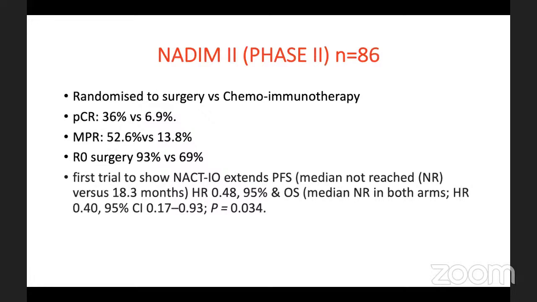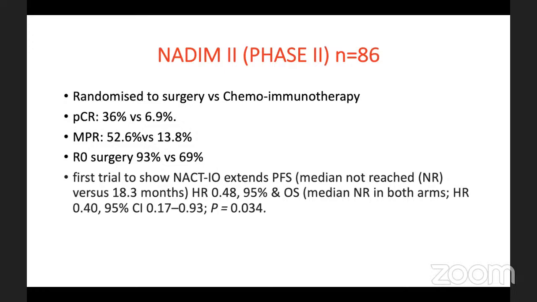Then we needed to compare surgery versus chemoimmunotherapy followed by surgery. And NADIM 2 proved it: the pathological complete response was higher, 36% in those who received chemoimmunotherapy versus chemotherapy alone. The major pathological response was 52.6% versus 13.8%.